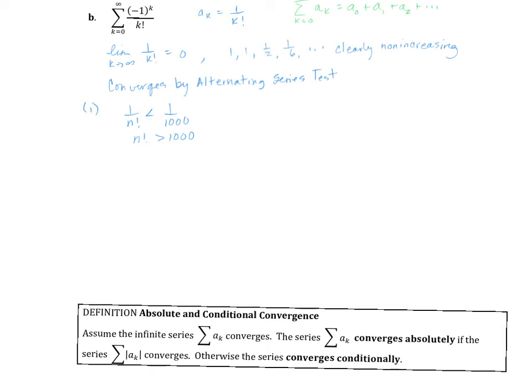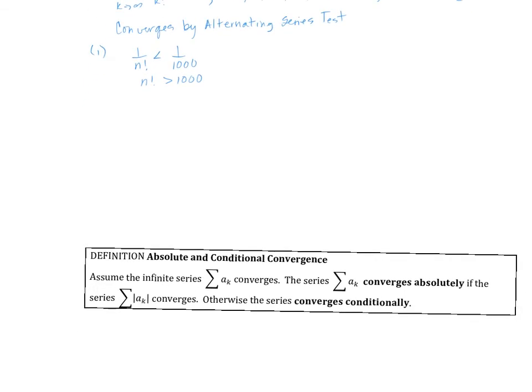And then I just have to substitute in values for n. So if n is equal to 1, clearly that's not going to work. I have to find an n value so that n factorial is greater than 1,000. If I use 5, so this is where you're just experimenting, 5 factorial is 120.